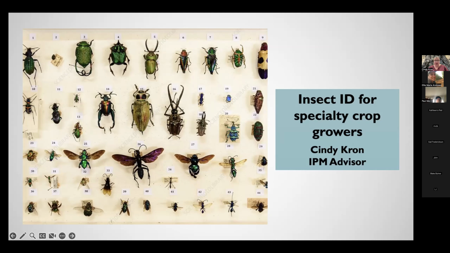I do recommend bugguide.net because a lot of entomologists are on there, so it's not like doing an entomology group on Facebook where you have a lot of people saying it's something it's not. It's actual entomologists giving the answers, saying I know that species, this is what you're dealing with. So that's why I find it a more trusted source.